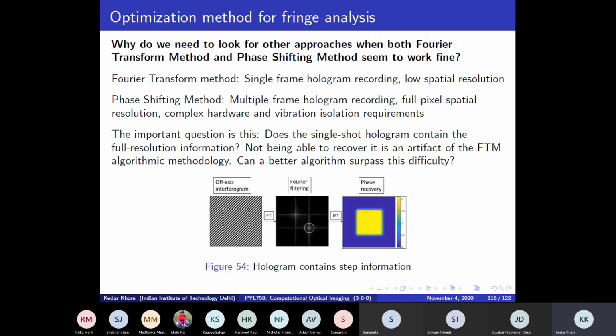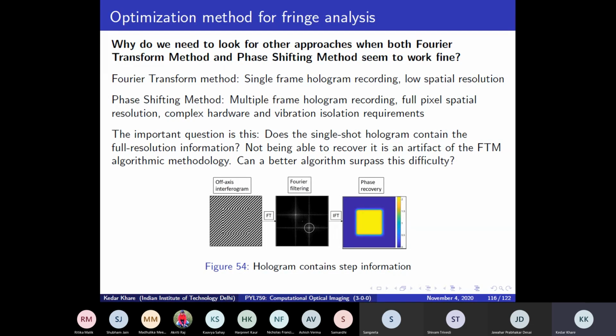So in the beginning, I said that there is a hardware advantage. If you can do this in one shot, your system is much simpler. And it can give you the same result. The only problem is that the processing part is going to lose resolution.